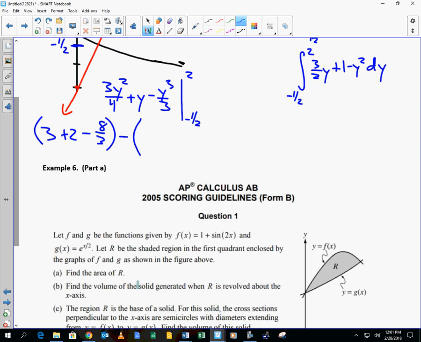Negative 1/2 squared, a 4th, divided by 4, a 16th, times 3 is 3/16. Minus 1/2 to the 3rd, and then make it negative, positive 1/8 divided by 3, yep, 1 over 24.